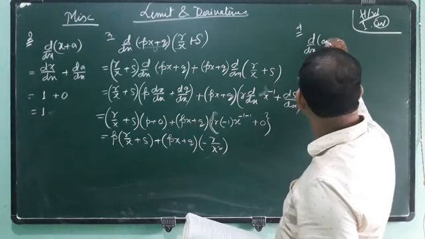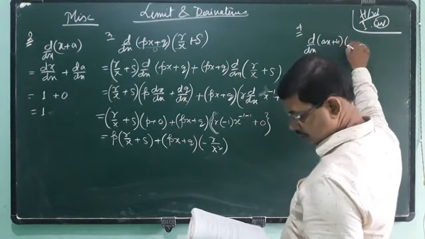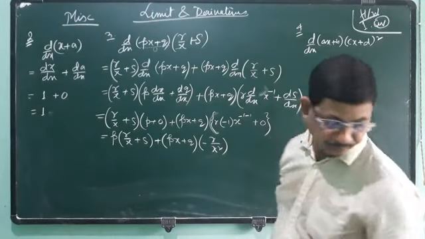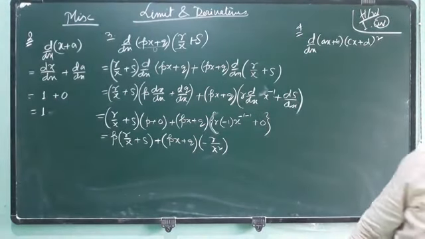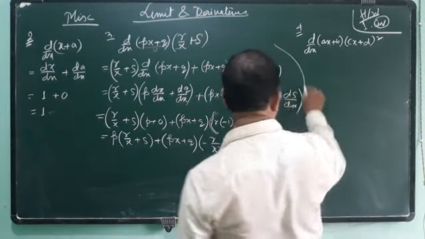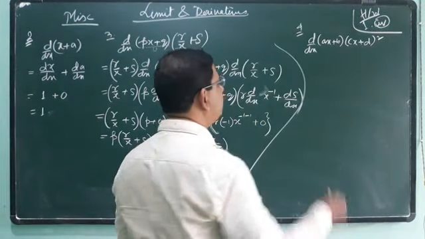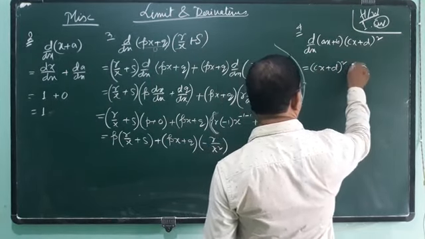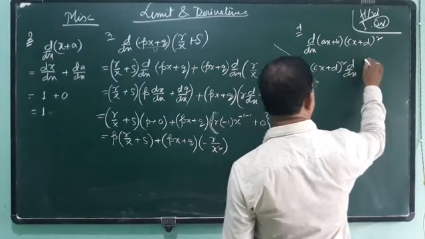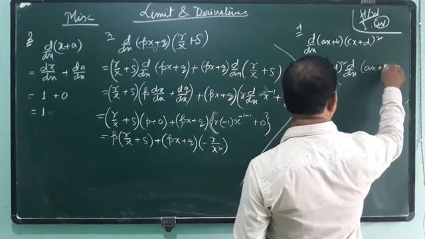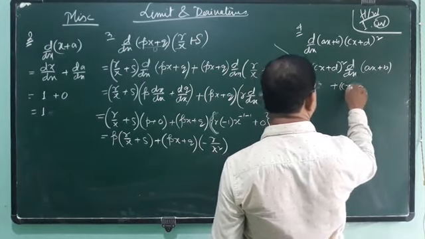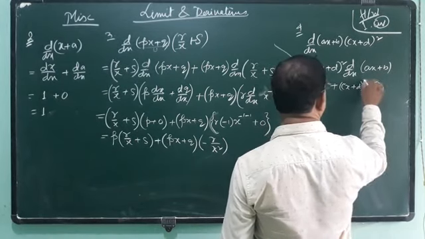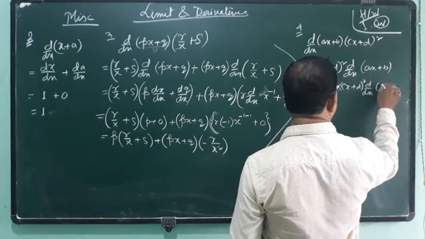d/dx of (ax + b) and (cx + d) whole square. Here again we have to use that u into v form. (cx + d) whole square d/dx of (ax + b), into d square into ax.